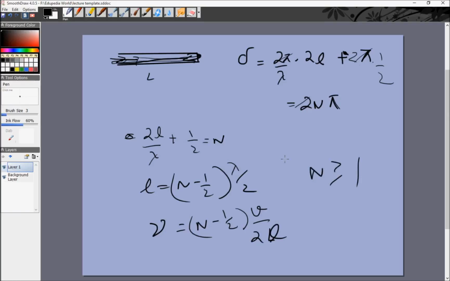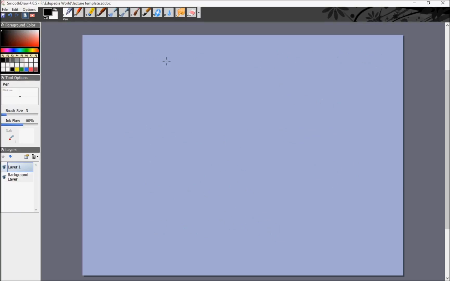So let's draw the figures in this case. If n is equal to 1, then L is equal to lambda by 4. So in that case, for pressure, it is like this. Let me just draw the figure more clearly here. Yeah, so this is the pressure.